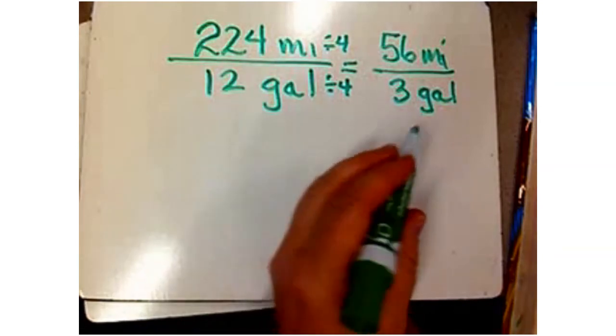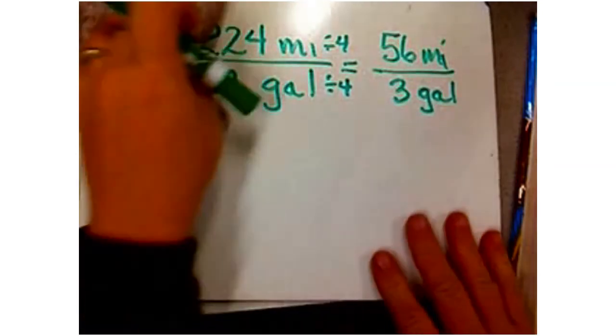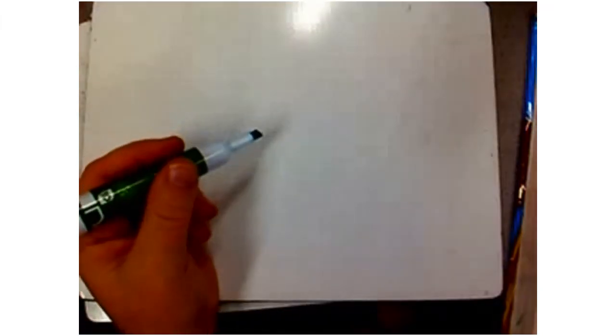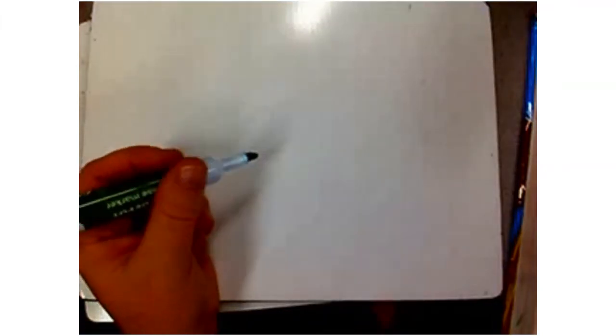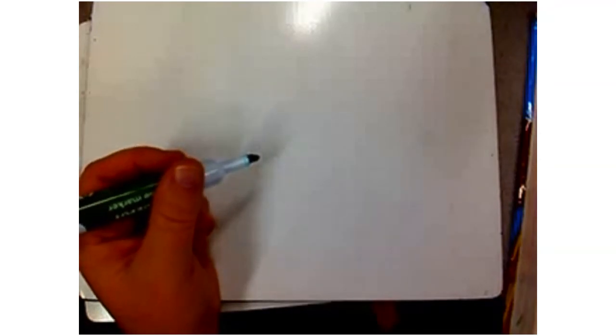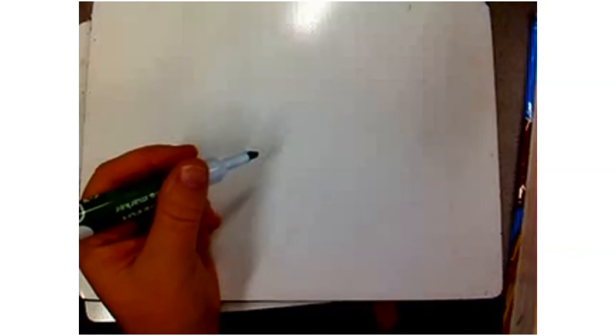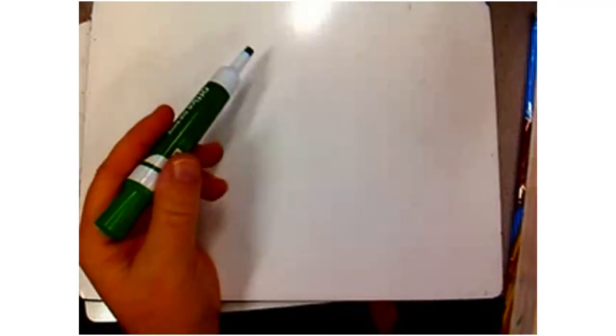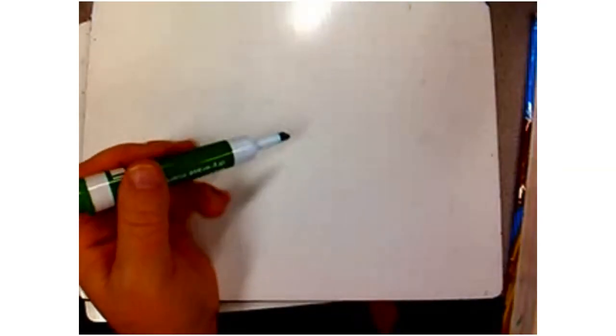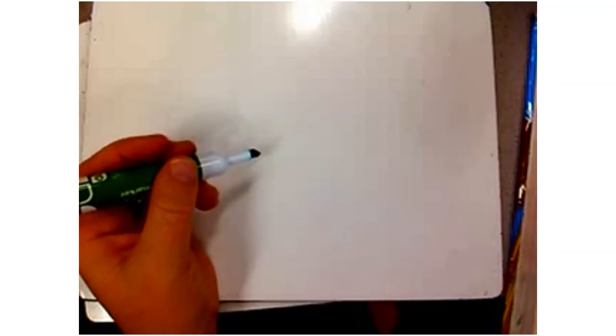Then we go a step further and we can make unit rates, and this is very popular in real life. We talk in unit rates all the time, like dollars per hour, miles per gallon, miles per hour, gallons per minute. So on page 452, a unit rate just means that the denominator is 1. It's per 1. So what you're going to do is just do the division.